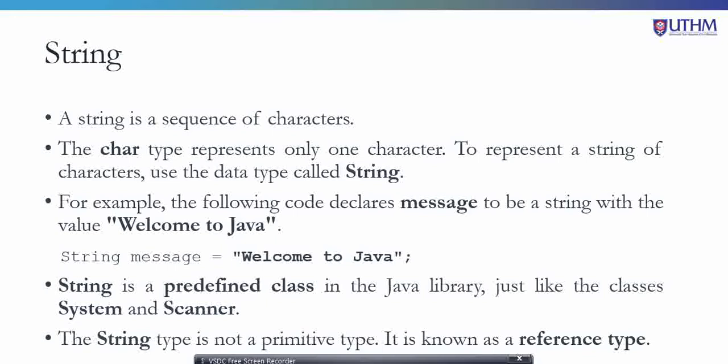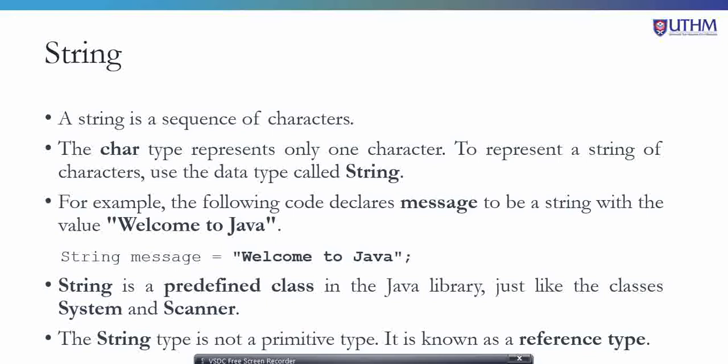So string is a sequence of characters or a combination of characters, meaning that we have more than one character. But we can also have a single character defined as a string. For example, string name equal to A.